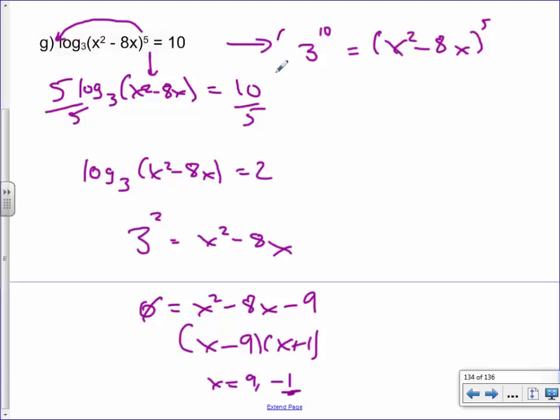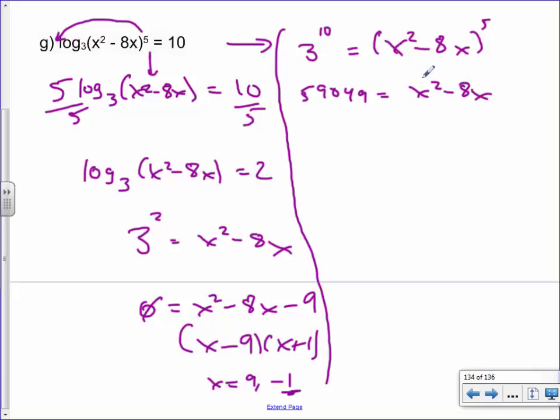Here's my suggestion then. Just draw a line here. 3 to the 10 is just a number. I know it's a dumb, really big number, but apparently it's 59049 equals x squared minus 8x to the 5.